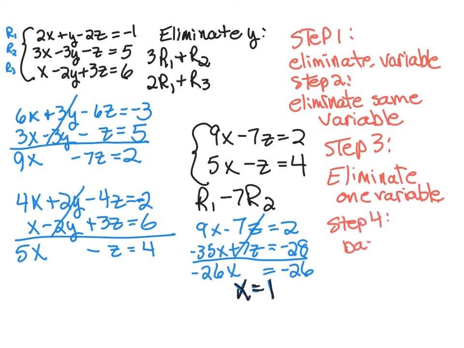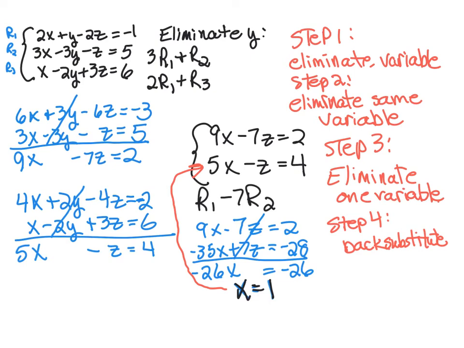Step 4, back substitute to get the second variable. So I'm going to take the x equals 1 and back substitute into one of these guys. I choose that guy. So here we go.